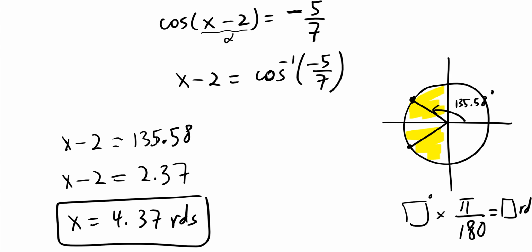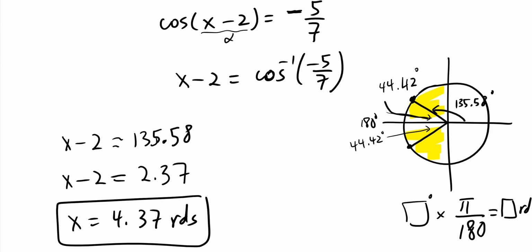If I subtract that from 180, that gives me this angle here, which is about 44.42 degrees. It works like this all the time in cosine, by symmetry.